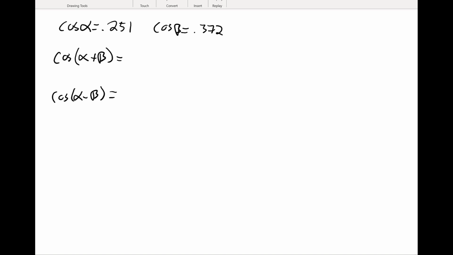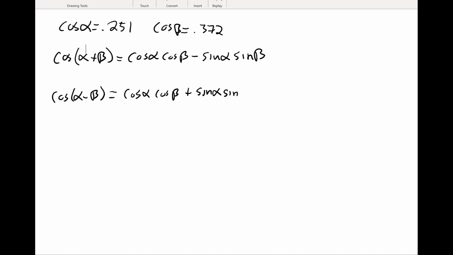Cosine of alpha plus beta is cosine of alpha, cosine of beta, and we have those two, but then we have a minus sine of alpha, sine of beta. And cosine of alpha minus beta is cosine of alpha, cosine of beta, plus sine of alpha, sine of beta.